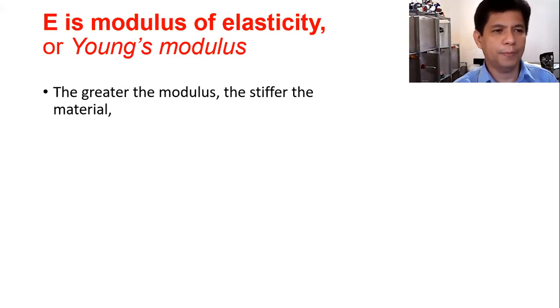So even if you apply so much force, so much tensile force, it is only the engineering strain or the change in the dimension is very small. So therefore the material is very hard, and the greater the modulus of elasticity or the Young's modulus.